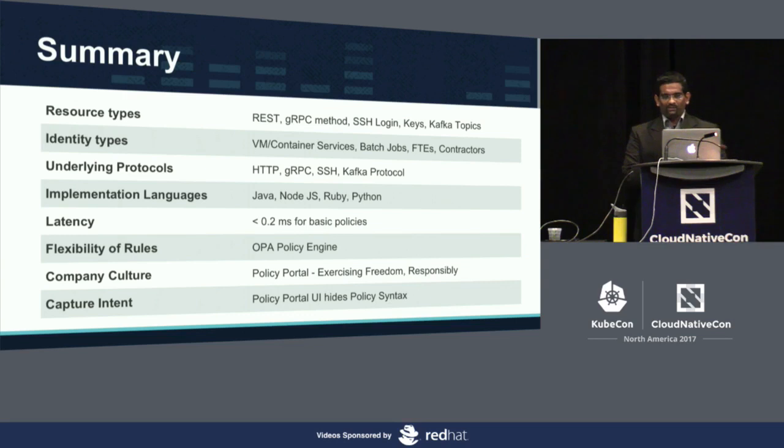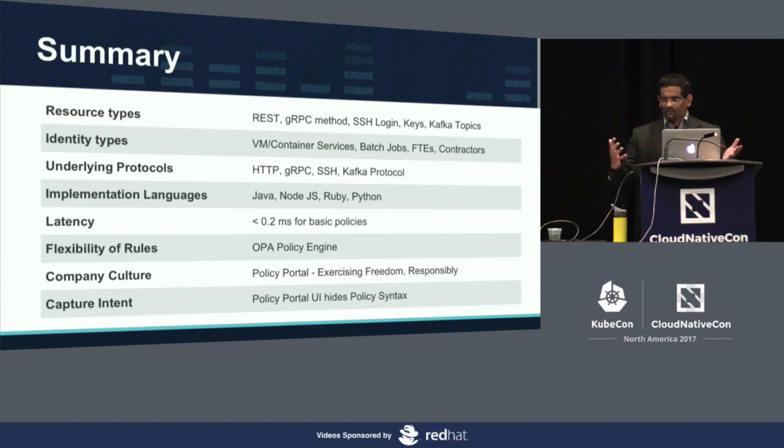So just to summarize everything here, we have this very diverse backend, which has all these services using random different protocols and all these different resources that they host, and they have clients that look like people and jobs and VMs, batch jobs running in containers, whatnot.